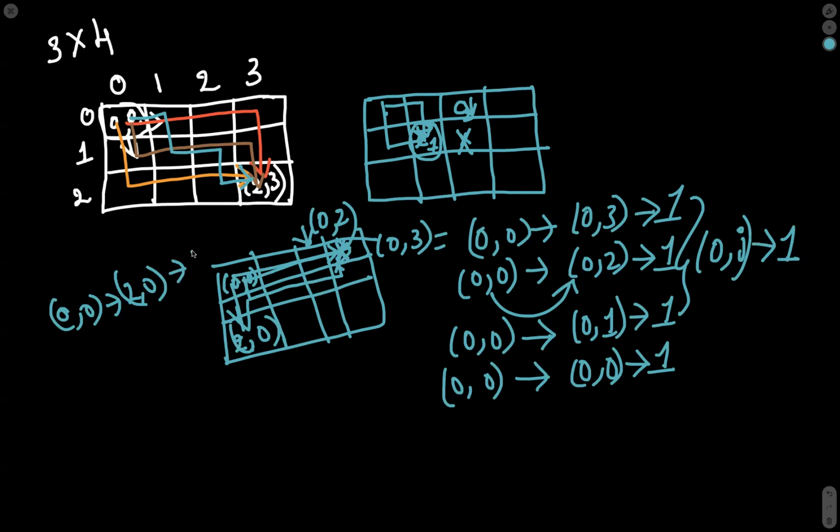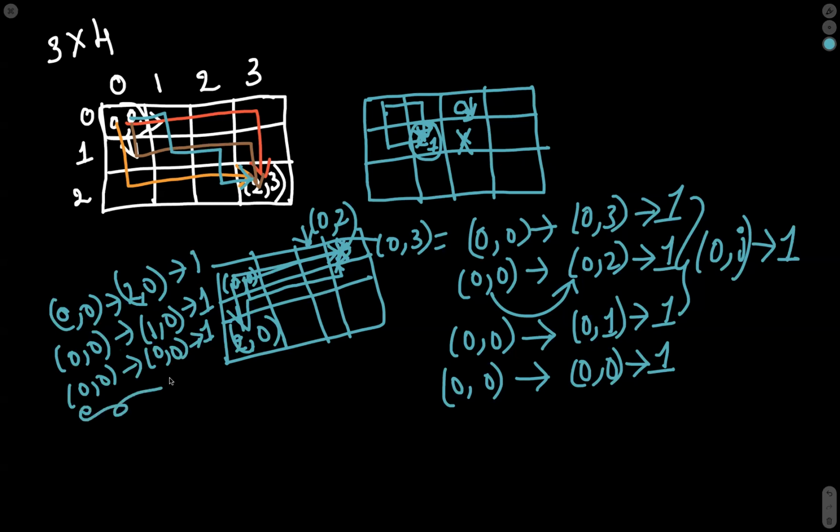In the same way, from 0 comma 0 to 1 comma 0 there is one, and from 0 comma 0 to 0 comma 0 there is only one way to reach the destination.